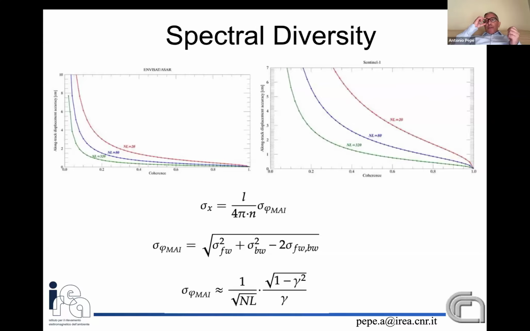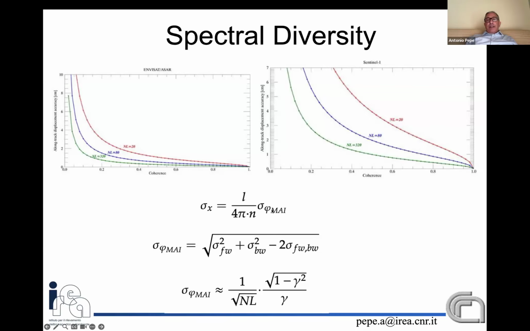In the literature, we can find lots of papers describing the spectral diversity and the accuracy and precision of multiple aperture interferometry. In general, we can say that the accuracy and precision of the azimuth displacement measures depends on the precision of the multiple aperture interferometry phase.